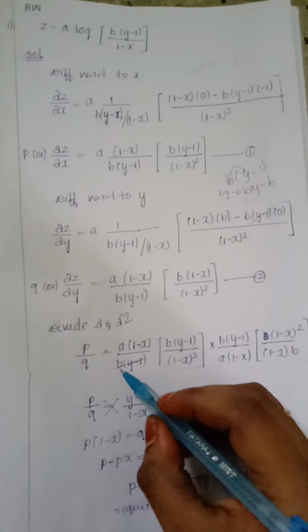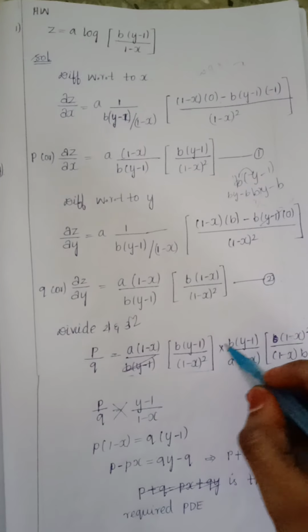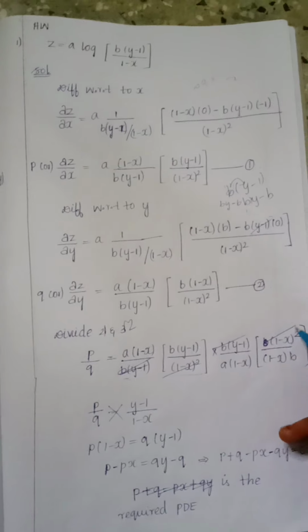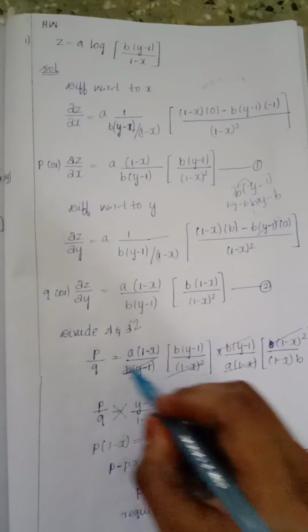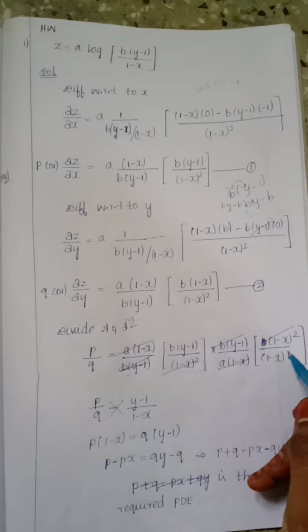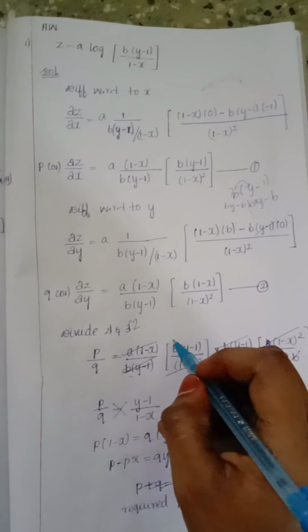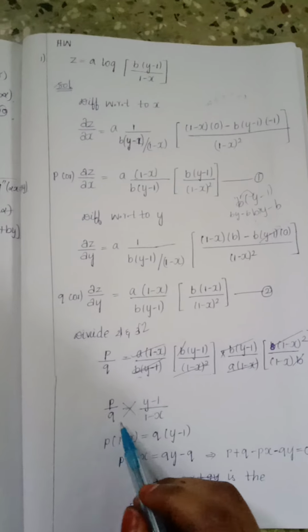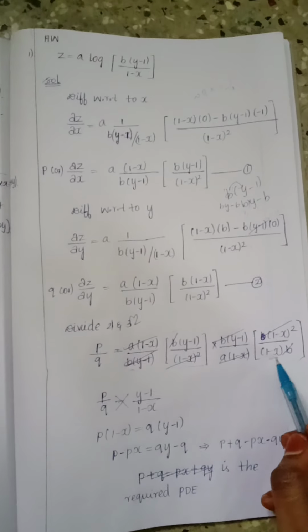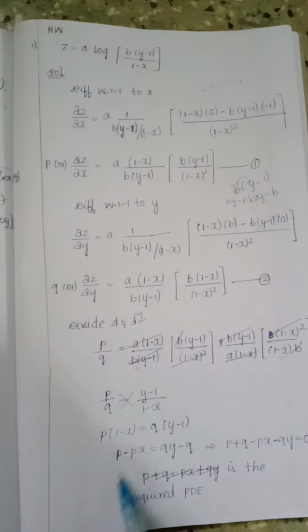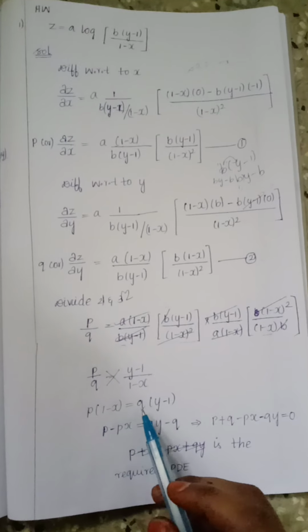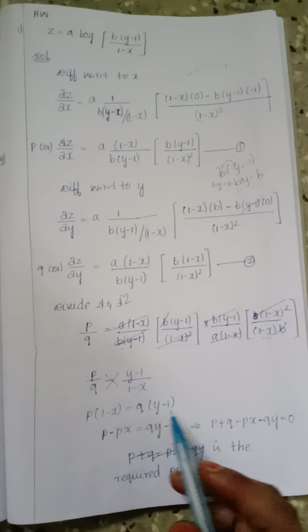If we cancel the like terms, b into y minus 1 and b into y minus 1, 1 minus x the whole square and 1 minus x the whole square, a into 1 minus x and a into 1 minus x, and also the b term. The left terms are p by q equals y minus 1 divided by 1 minus x. If we cross multiply, we get p into 1 minus x equals q into y minus 1.